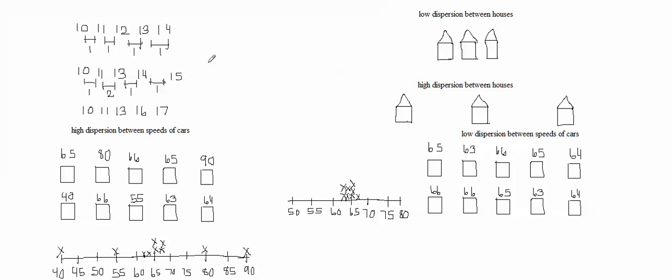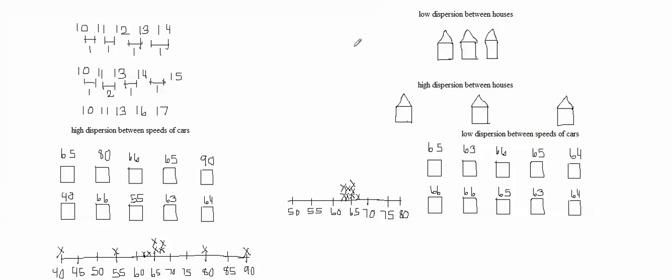So if half the class got 50s and the other half got 100s, that would give you a mean of 75. And that would be an extreme high amount of spread, because half the class is way down here and half the class is way up here. The other extreme would be if the entire class got all 75.